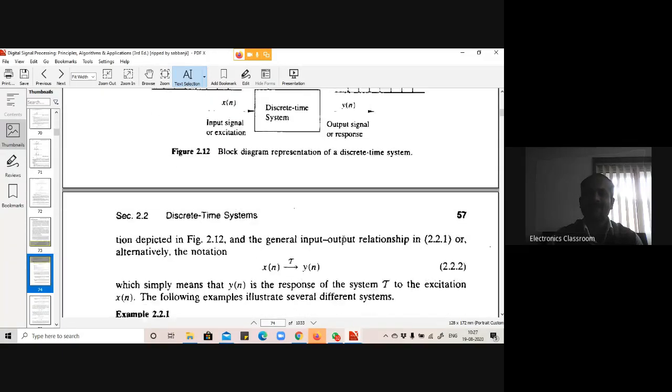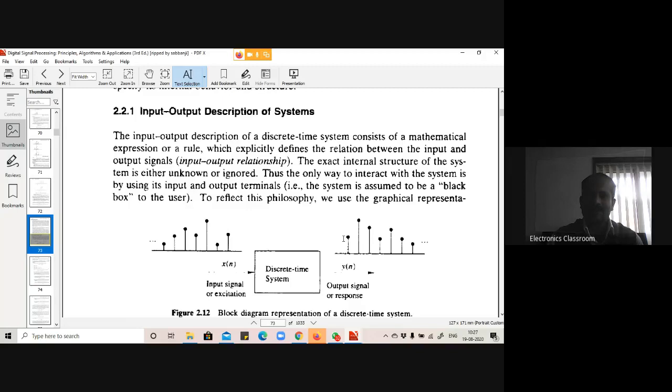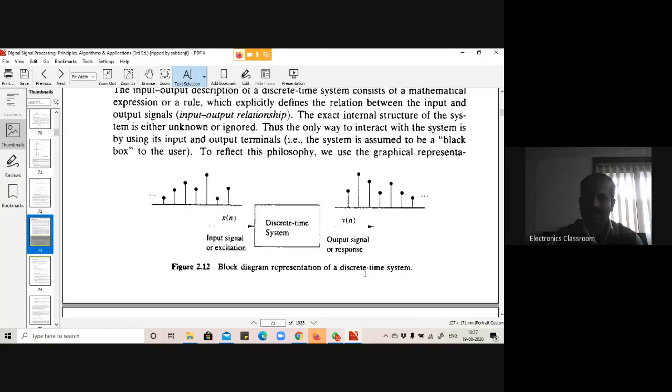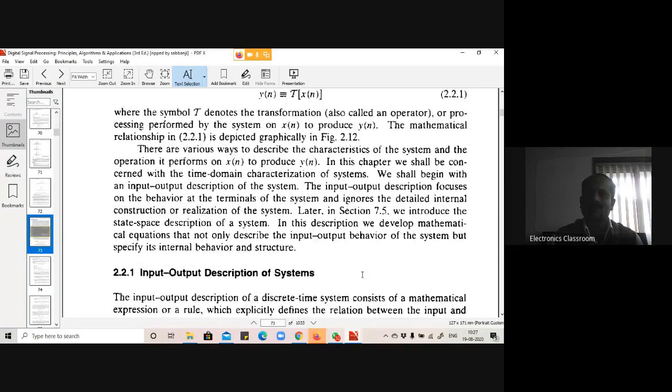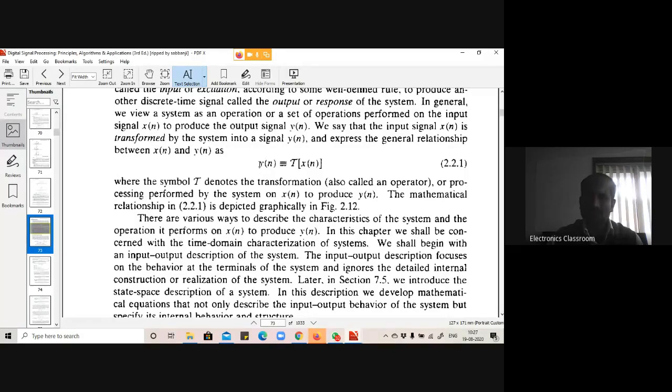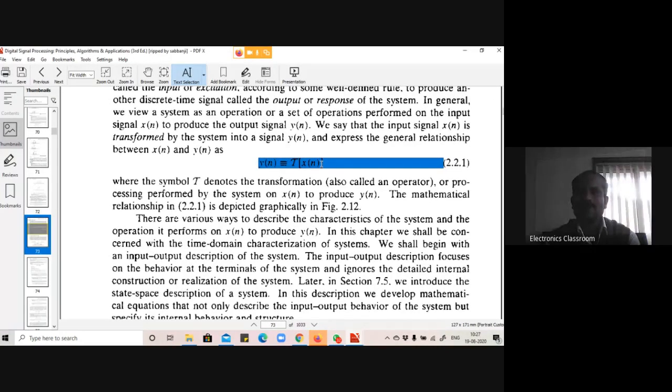Now mathematically, if x(n) is input and y(n) is output, then what is function of system? So this equation defines. Okay, so that symbol operator tau is called as transformation. So this transformation is function of system. It means system transforms input signal or excitation into output signal or response.